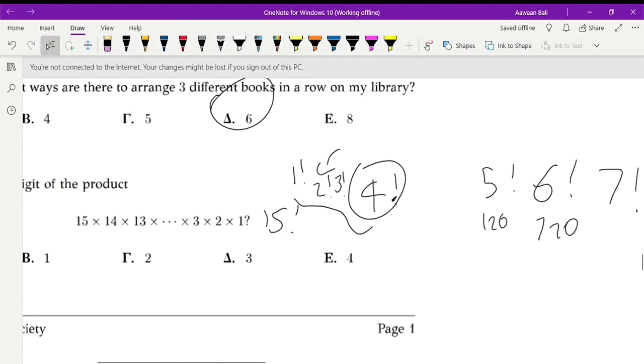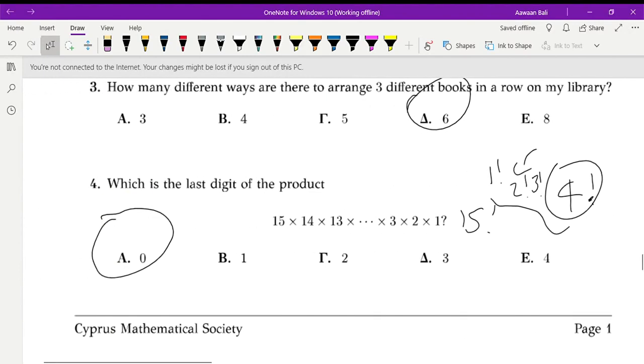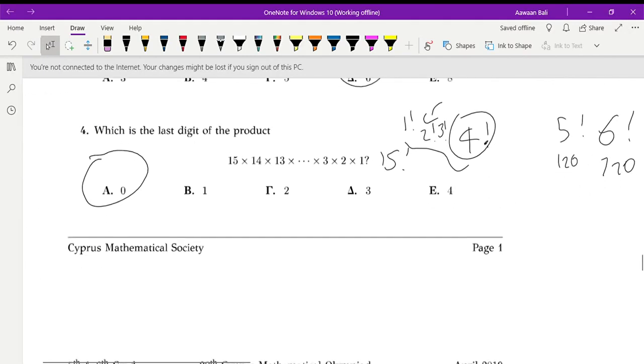So if any factorial is over 4 factorial, then it ends in a 0. Here it's 15 factorial, it's definitely over 4 factorial, so we can say that the answer is A, 0.